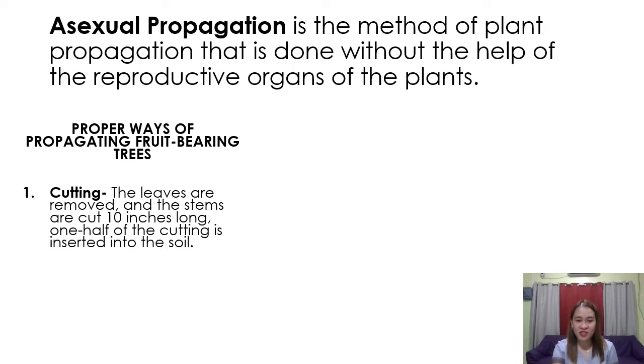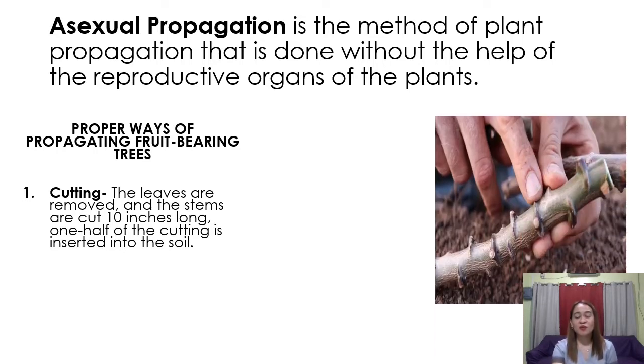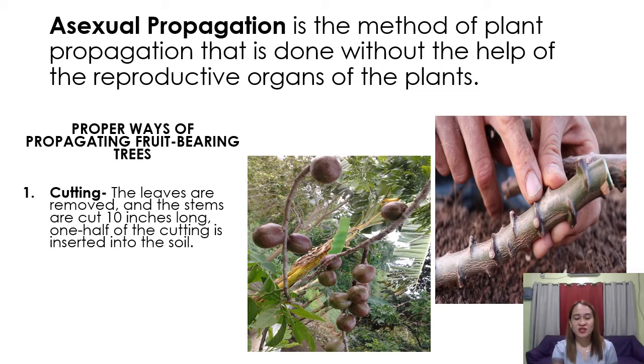There are proper ways of propagating fruit-bearing trees through asexual propagation. Number one is cutting. So the leaves are removed and the stems are cut 10 inches long, and one half of the cutting is inserted into the soil. For example, the kamuting kahoy, and for the fruit-bearing trees, the siniguelas.